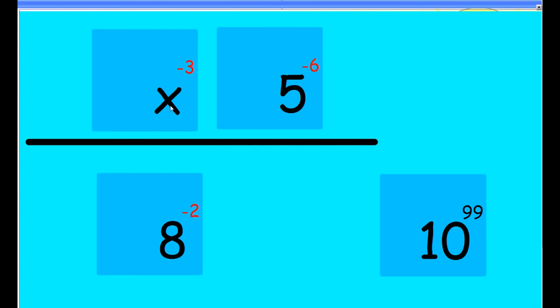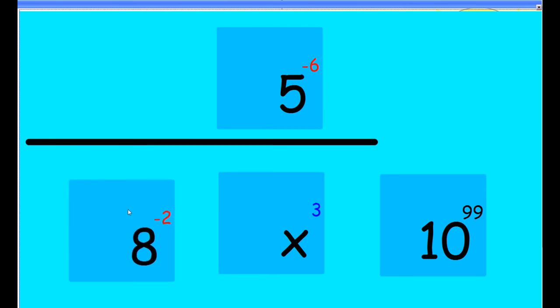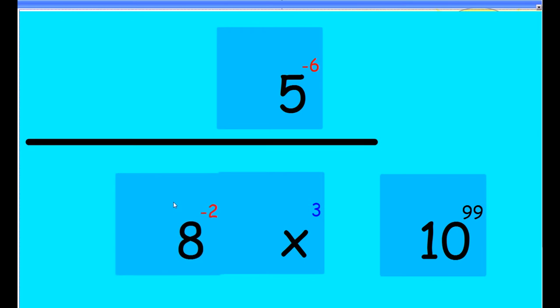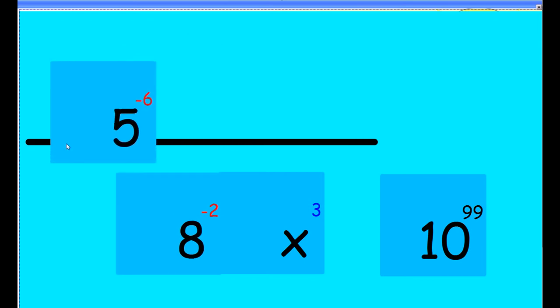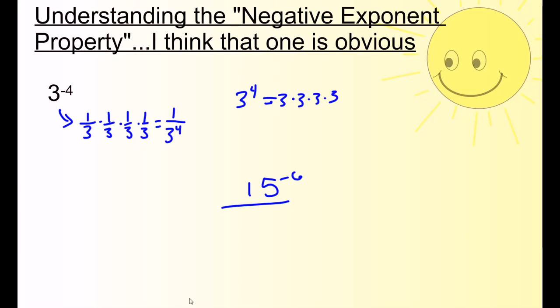And if I take any of these pieces, this x to the negative third, if I move it down, it becomes positive third. 8 to the negative 2, if I move it up, it goes positive. If I move it back down, it goes negative. So you can actually change the sign of the exponent by moving it over the fraction bar, flipping it over the fraction bar.